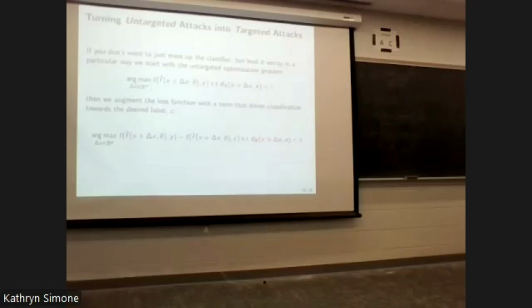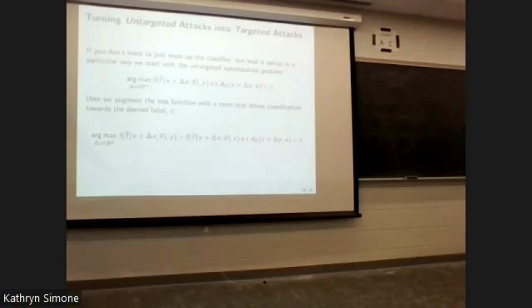Because again, this is still an optimization problem. We're going to augment the loss function, we want it to still do the wrong thing. Now we're also rewarding negative loss for doing the classification. So this is a maximization function.